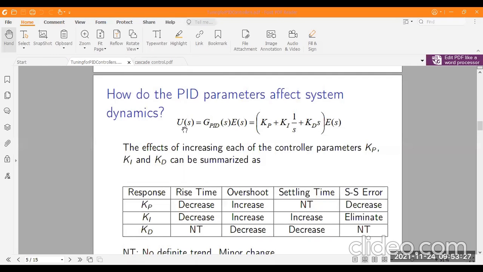We know that the transfer function is the ratio of the output to the input. So here U(s) by E(s) equals Kp plus Ki into 1 by s plus Kd s. In this proportional integral and derivative controller, the three parameters Kp, Ki and Kd are basically dependent on the different control.